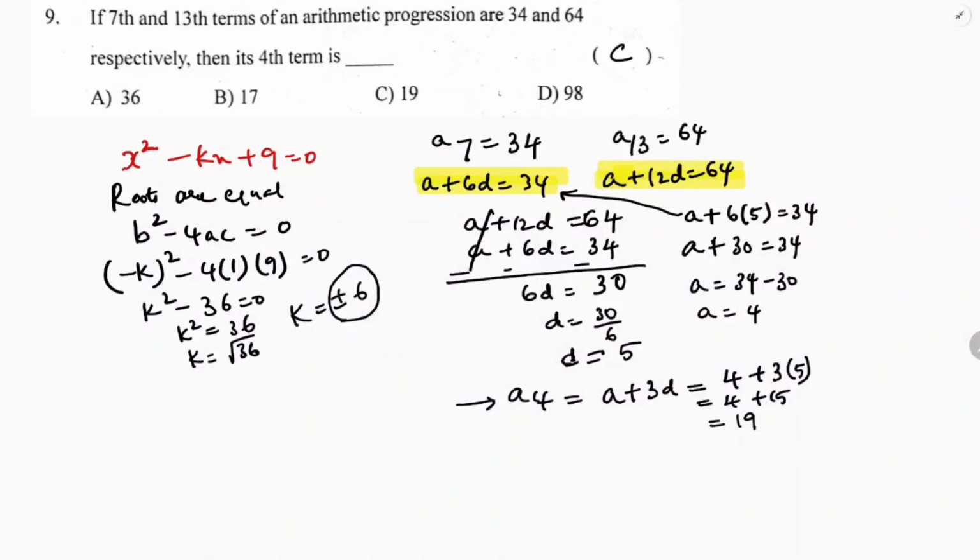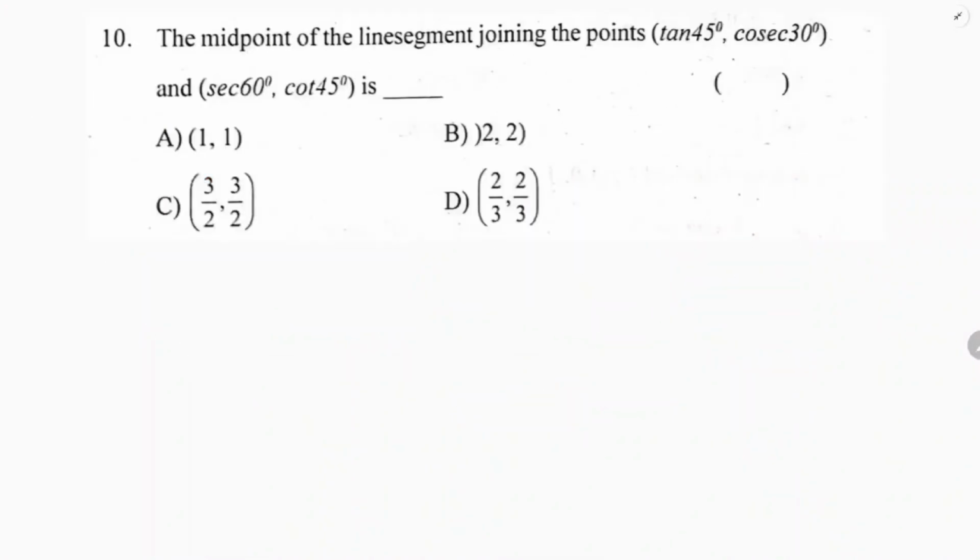Correct option is C. The midpoint of the line segment joining tan 45, cosec 30 and sec 60, cot 45.